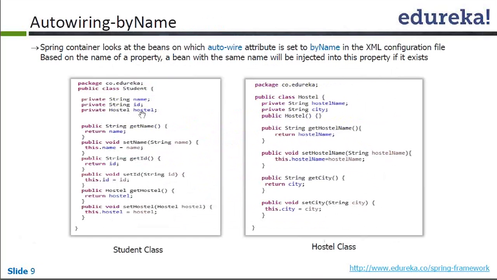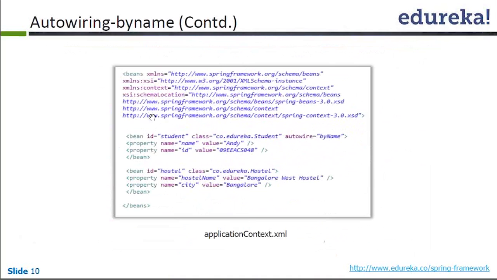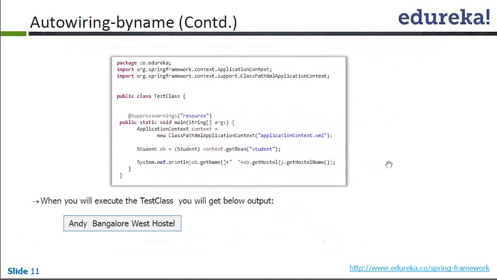If it finds any bean with the same property name, then it will go for it. That's it. I no need to write that dependency for the student bean at all, just because of autowire equal to byName. So everything else remains the same. See, nothing changed for our test class.